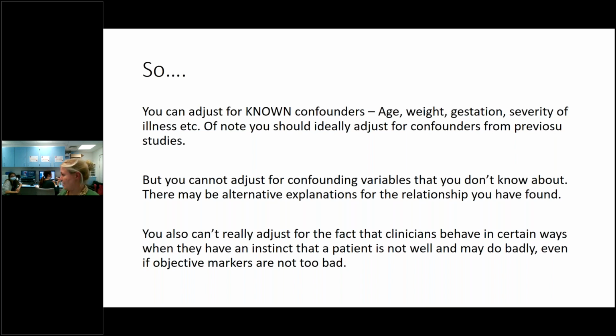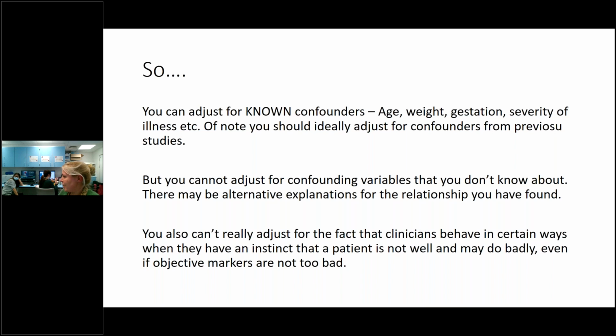Try and say it could be because people are more likely to give clonidine to children they think are going to die. It could be because they're more likely to give clonidine to this condition. You adjust for the known confounders, but then you also say, well, obviously there could be other ones. And in all retrospective observational data, you can never adjust for the fact that we as doctors are instinctive animals, and we work a lot on muscle memory, and we tend to behave in a certain way when we have an instinct someone's going to die.